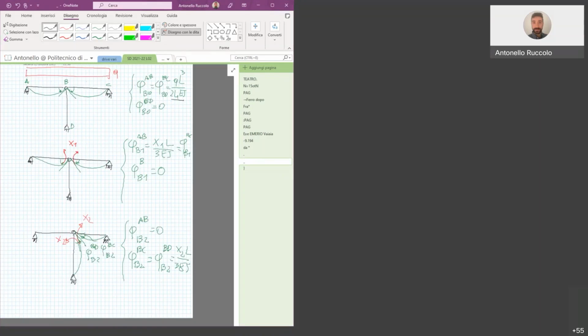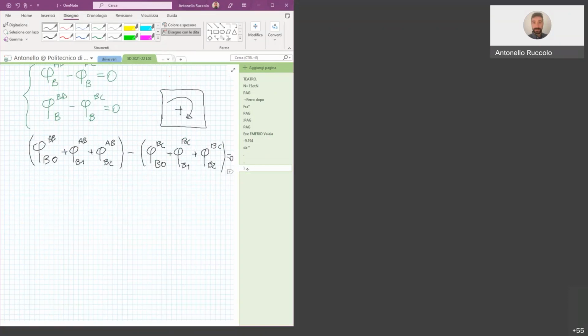But on the first side it is negative because it is counterclockwise, whereas on this side it is positive, clockwise. So here it appears with the minus, q L to the power of 3 over 24 iota, plus something minus, and in this case it will be positive, 24 iota. Everything equals 0.